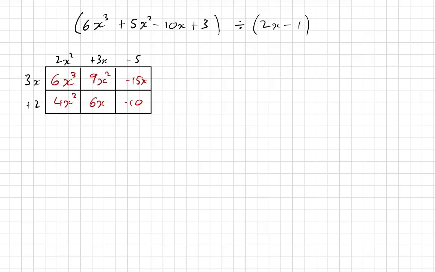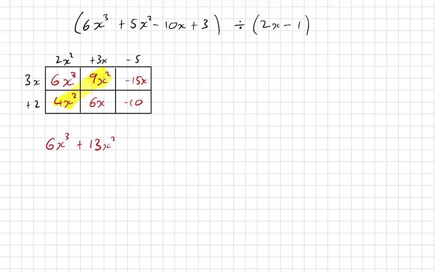Now, because this is an algebraic expression, we can't add everything together. We can only add the like terms. So let's start with the top corner, 6x cubed. There's no other x cubes here, so 6x cubed can't add to anything. Now let's look at our 4x squared. This has a like term, the 9x squared, so we can add those two together to give me 13x squared.